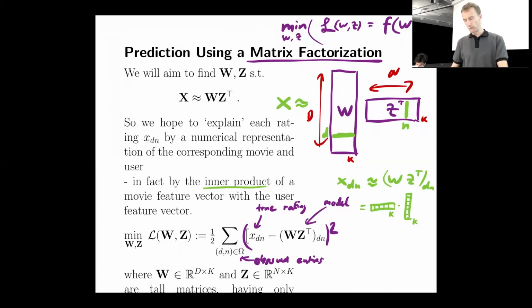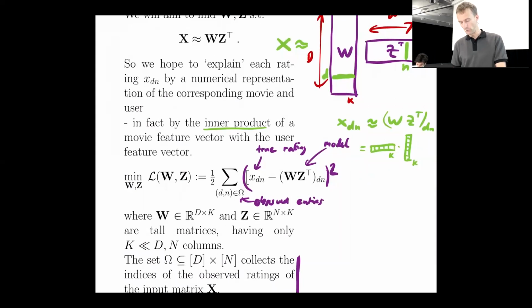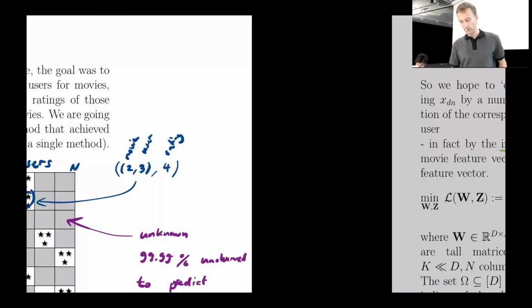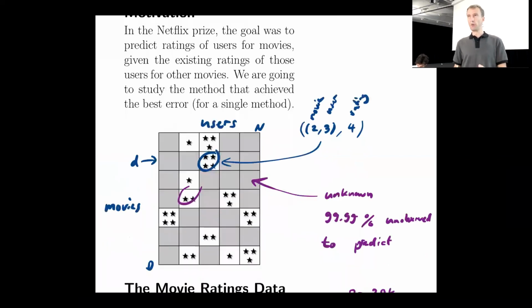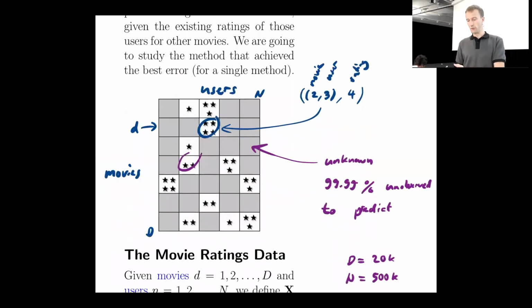Yeah, the loss function here is only defined over the observed entries. I think that was your question. So by observed, I mean the ones where we have the stars, right? So this is kind of our training data. So this is why this is the training loss. And then you would also maybe have to organize a test set, a separate set of ratings which you actually have, but you don't use them for training.